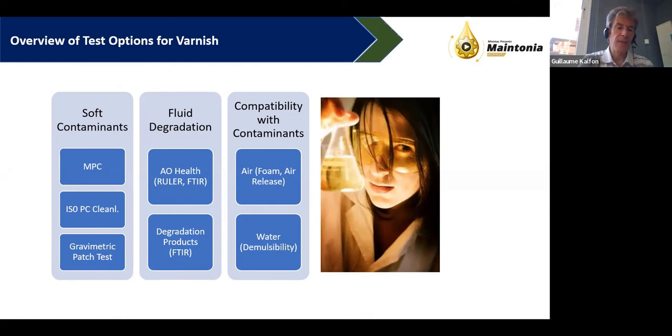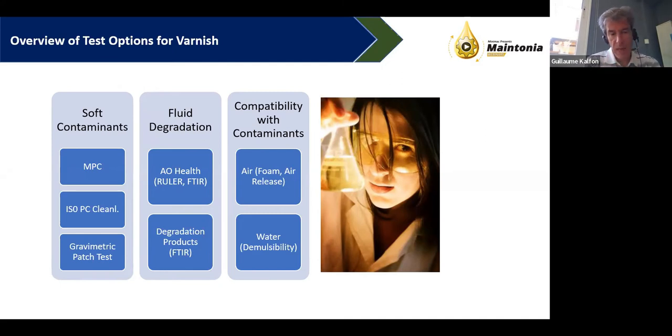So why do we do these tests? Okay, it's not all chemistry. You need to understand the impact on your machine, because the test in itself is not really interesting. What is interesting is what it means for your machine. So one is to understand the presence of soft contaminants, which can deposit and form this nasty varnish.